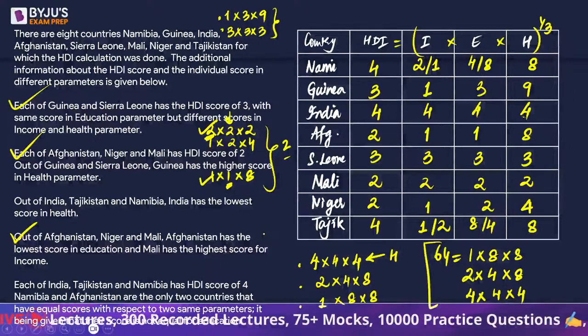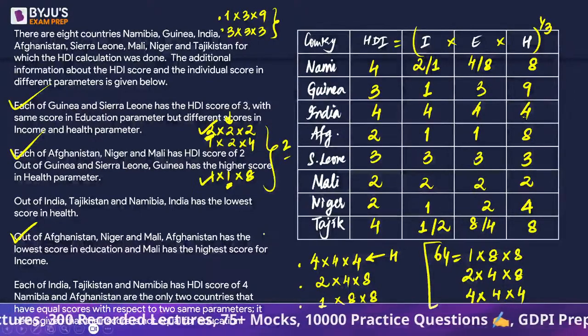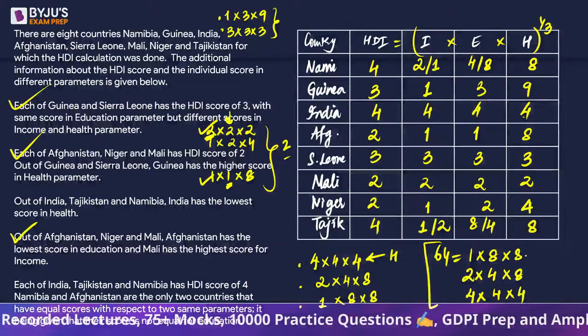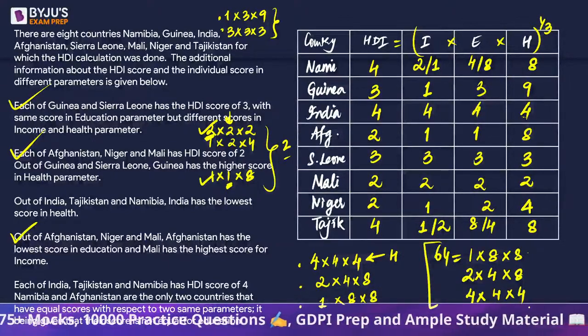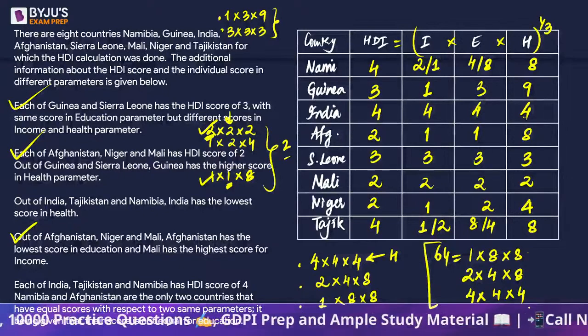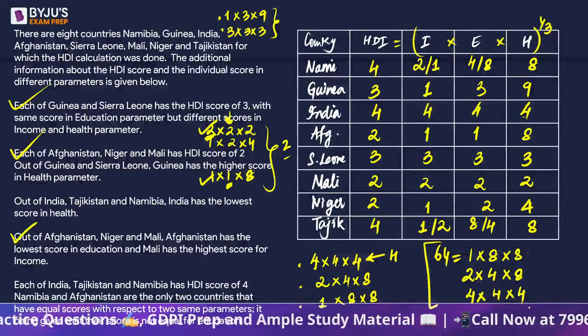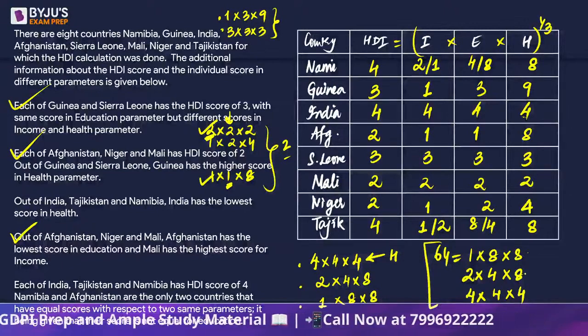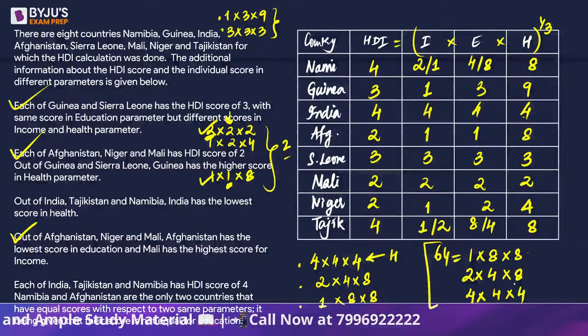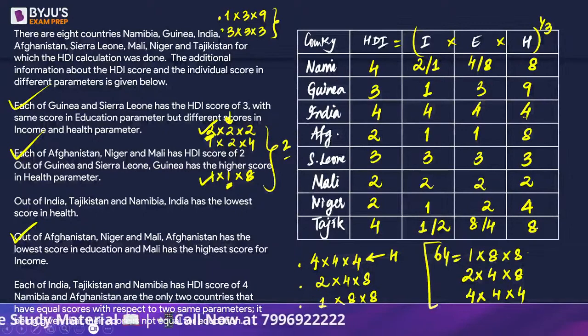If I take 188, or if I take 188 and 248, it is the same in only one parameter. If I take 188 and 444, this too. And if I take 248, then this can be possible. Lowest score in health. This is done.